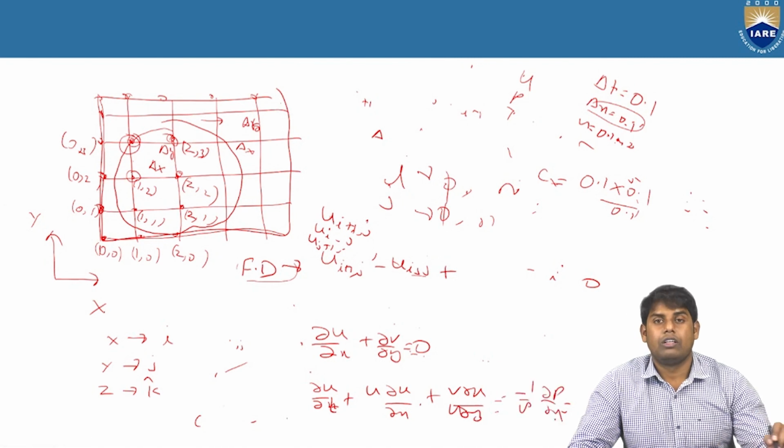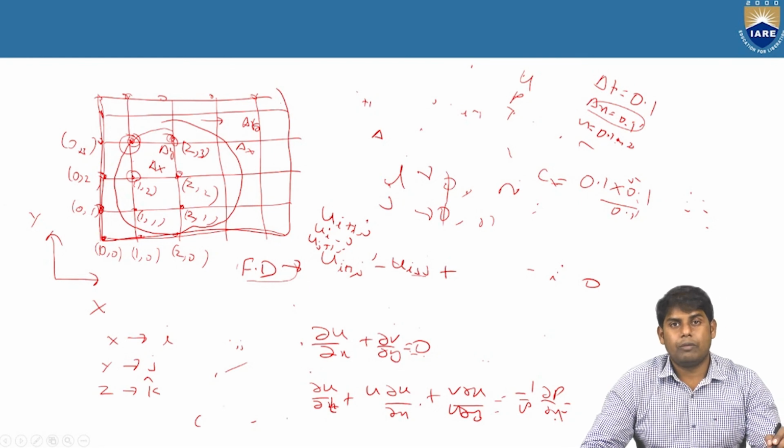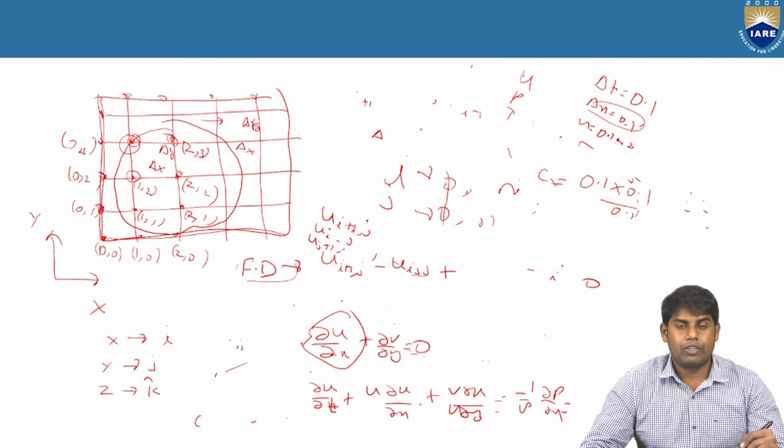Let's say we have these things. So all these terms are partial derivative terms. So we need to replace these partial derivative terms in discretized form. This discretized form you should arrange in the form of a matrix. Then you need to invert it and get the solution of the particular problem. So this is what we do for CFD.